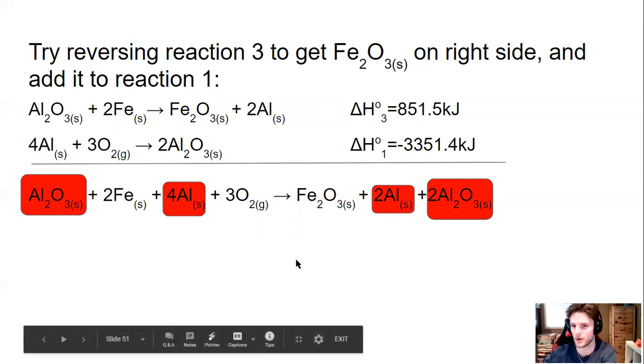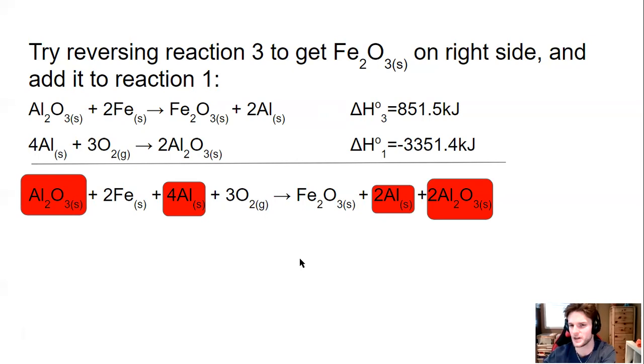So maybe there's another way that we can get this to cancel. Maybe another manipulation that we can do to get these to cancel. So take a second now and think about it.